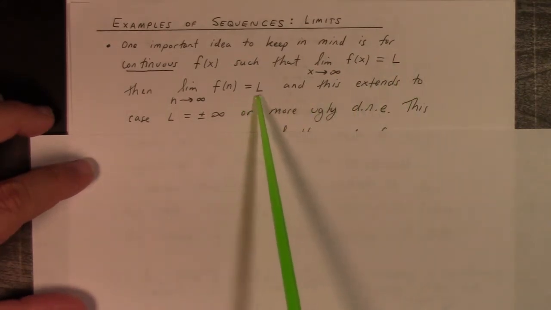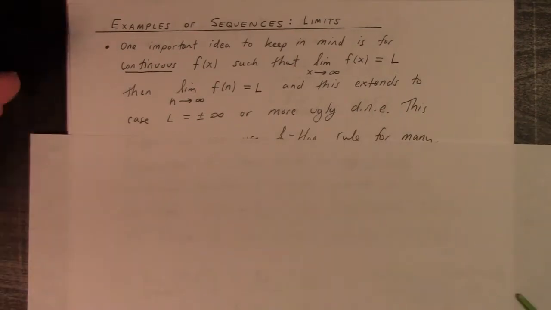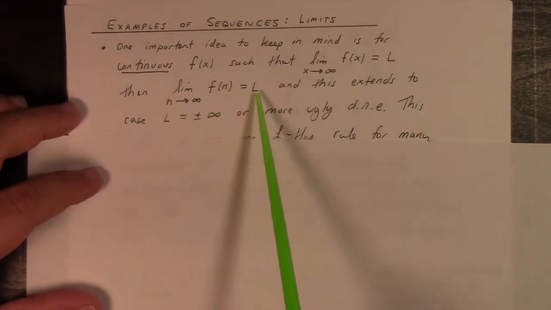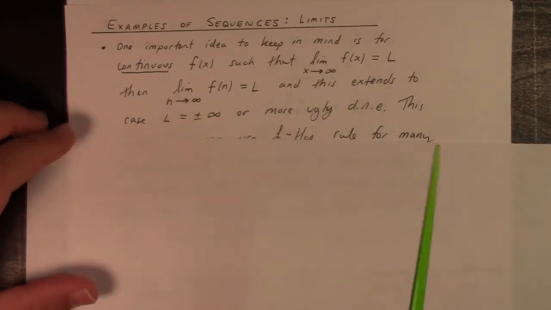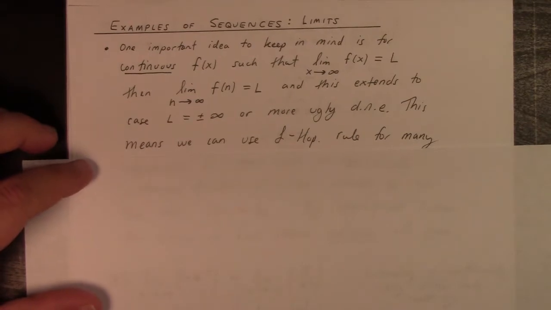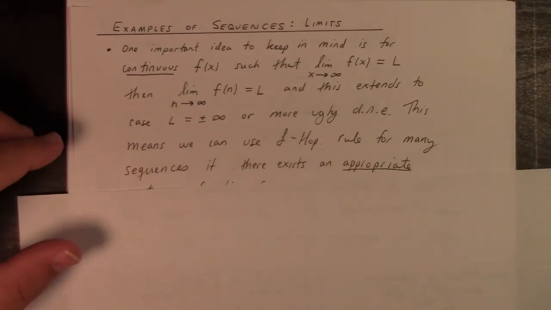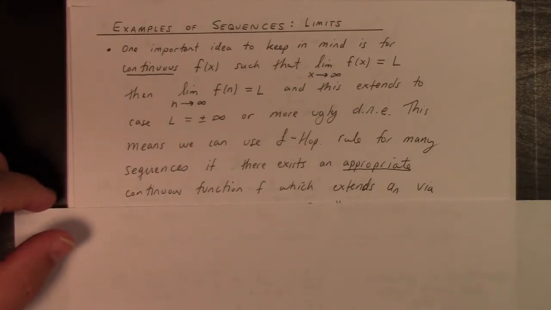You could also have sequences limiting to infinity as n goes to infinity, or you could have the limit not exist. But the larger point is, if we have a function that matches the sequence, then we get the connection between the sequence and the function. All right, you can use L'Hopital's rule.